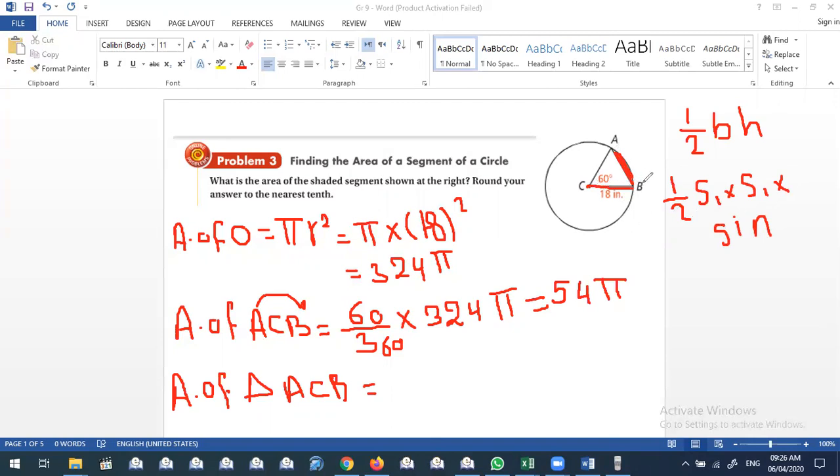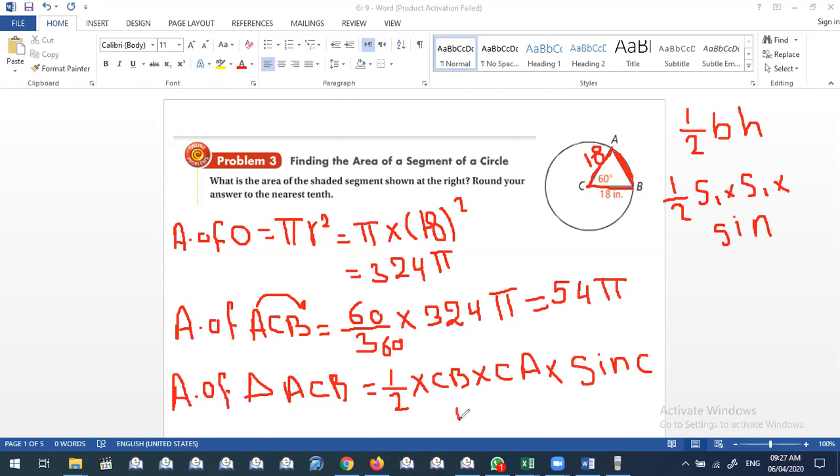This side is 18, CB. And also this side is 18 because they are two radii, and the radii are equal in the triangle. So I have two sides here and the included angle between them, angle 60. So it will be half times the side CB times side CA times sine angle C, the angle included between them.